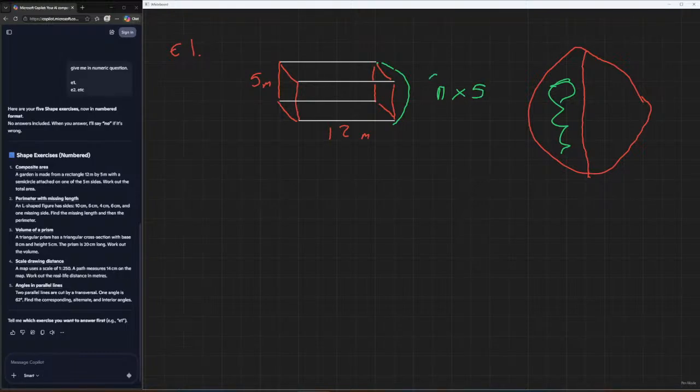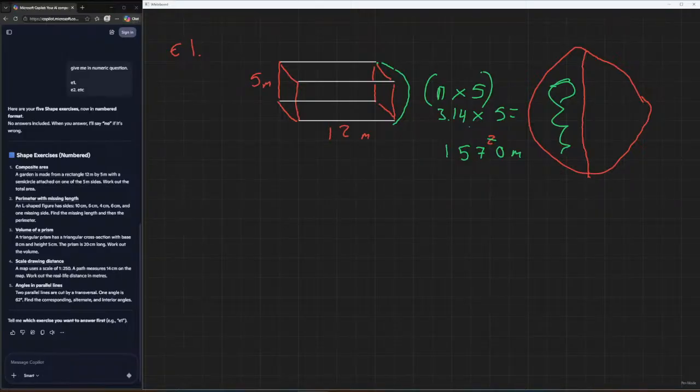So if we take 3.14 times 5, 5 times 4 is 20, so 0, then 2, 1 times 5 plus 2 is 7, 5 times 3 is 15 meter. So this side is this.